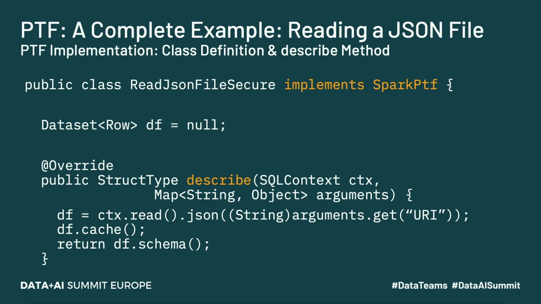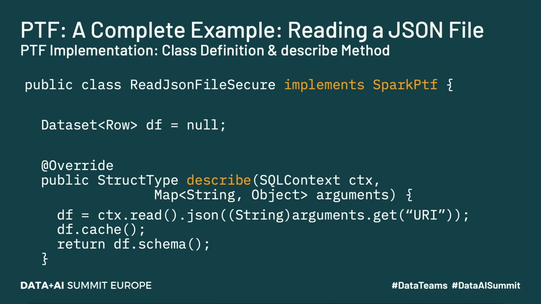And what we are doing here is very easy to implement because most of that is already available, and we just have to give the argument URI. We extract that from arguments and pass it to read JSON and store that in df.